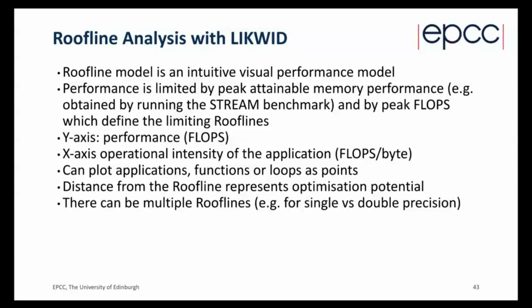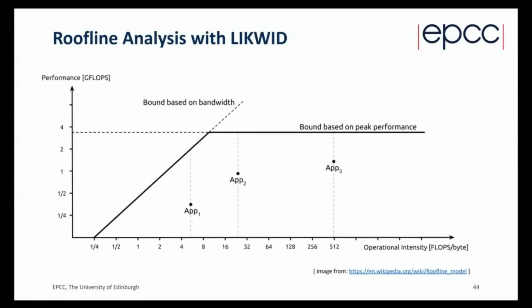We've got performance on the y-axis, and on the x-axis is the application characteristic, which is operational intensity. It captures both memory and flops performance as operational intensity, a flops per byte metric. So we can get a graph like this. This one from Wikipedia is schematic. It's not a graph for ARCHER2 directly, but we could get a figure for every architecture.